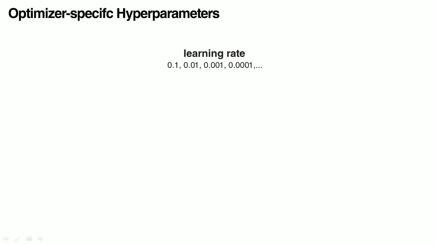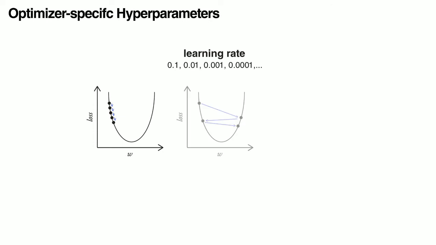Now let's look at the optimizer-specific parameters. We're already very familiar with them. We discussed learning rate. Learning rates usually work with multiples of 10. A very small learning rate would cause very slow convergence, potentially days or weeks of training. On the other hand, a very high learning rate would overshoot the minimum of the function.